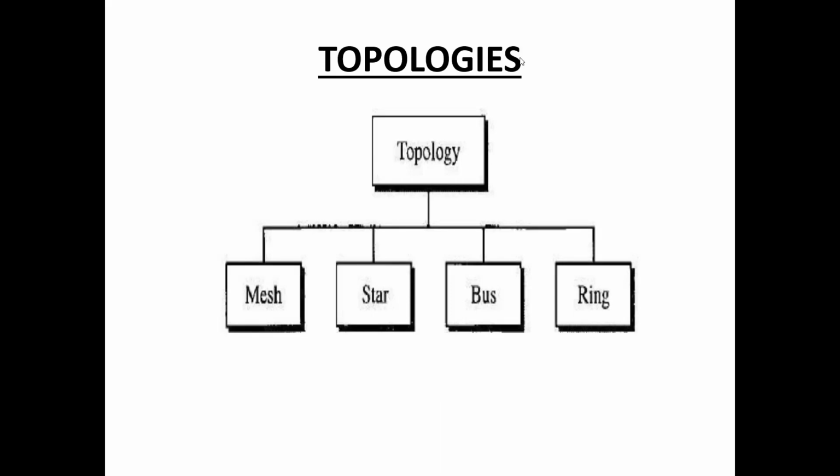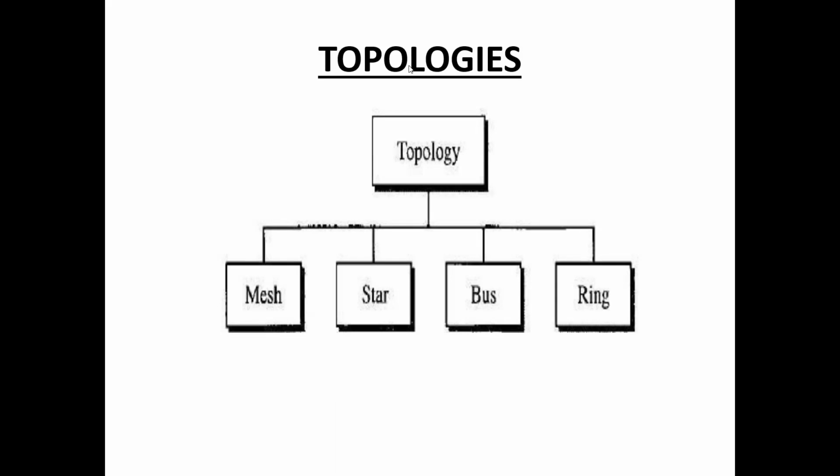Next one here, topologies. The topology of a network is the geometric representation of the relationship of all the links and linking devices to one another. The topology defines the structure of how devices are connected.